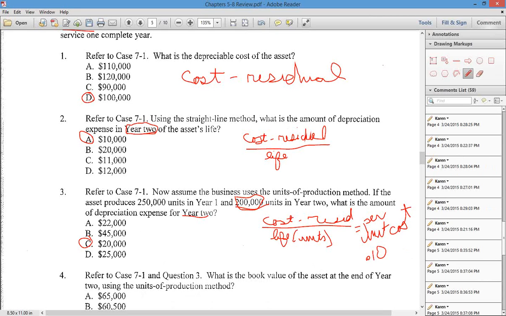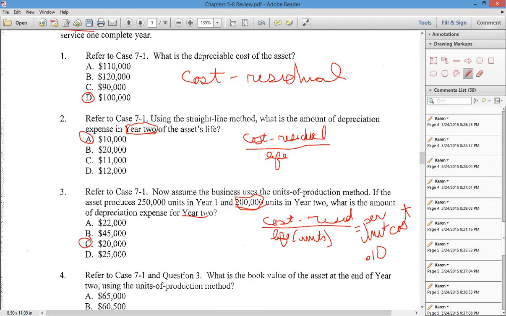Do you see that? Tricky. I don't know if it's tricky or not. To me, it's not tricky, but 10 cents per unit so that we can get the 20,000. There's another way that you can do this, but I think it's good to get used to doing it this way.